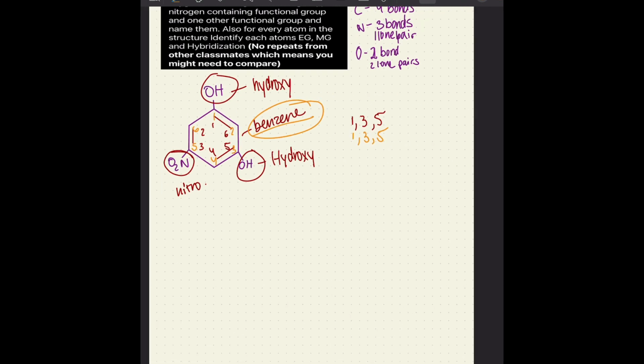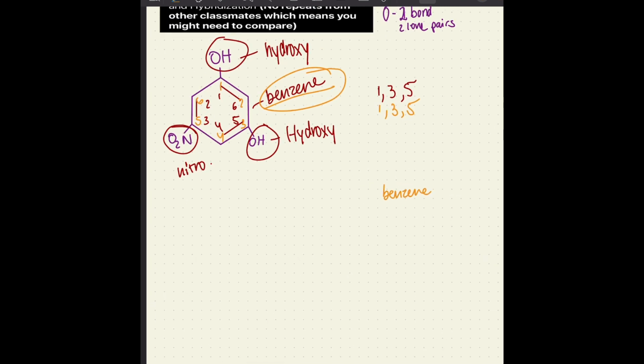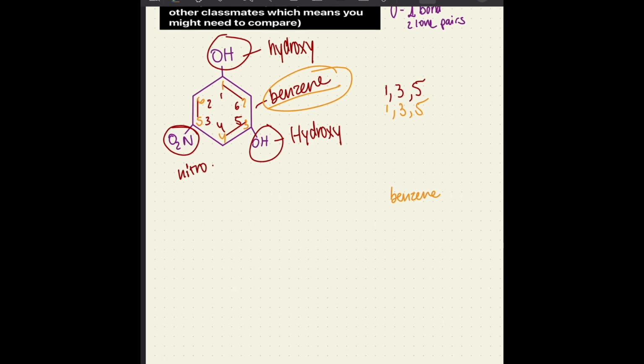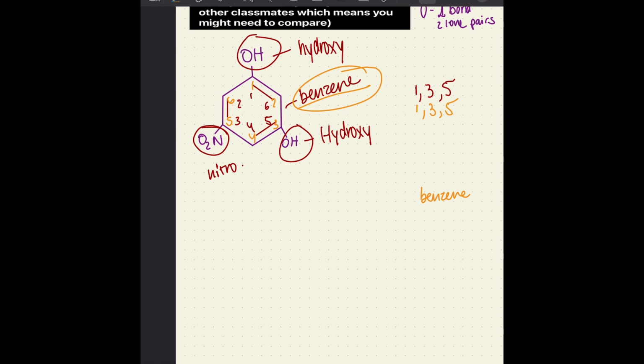So benzene, as I previously said, is the parent function that's gonna be at the end. Then for the branches between hydroxy and nitro, the H comes before the N. Therefore, the 1 and 3 are gonna be for both of the hydroxys, and the 5 is gonna be for the nitro.